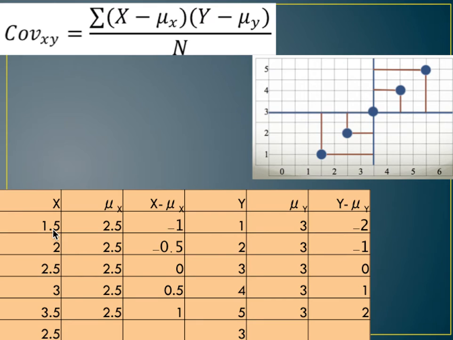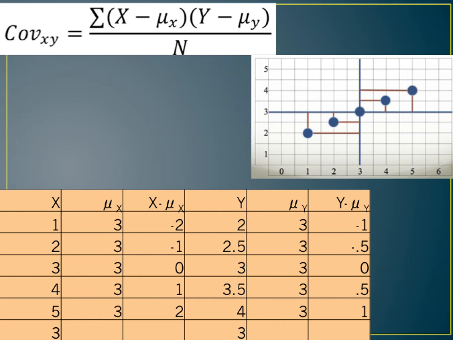The difference from the mean is going down linearly for y, while the difference is going down linearly for the x values as well. And it's the same with the math here.